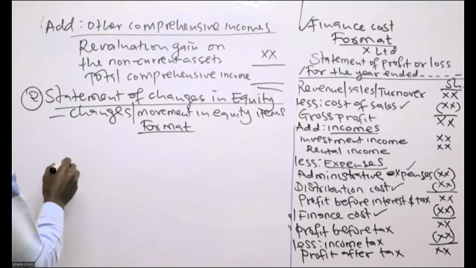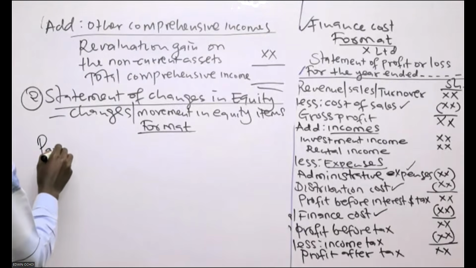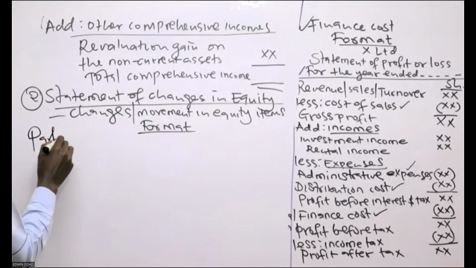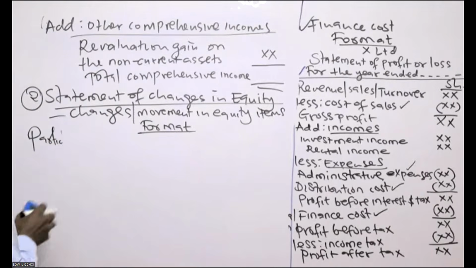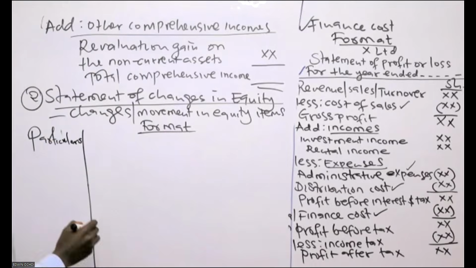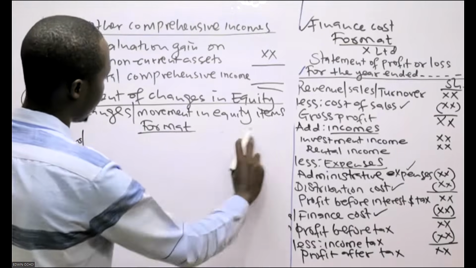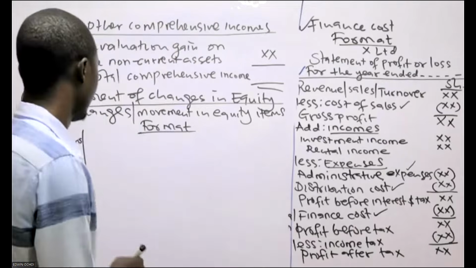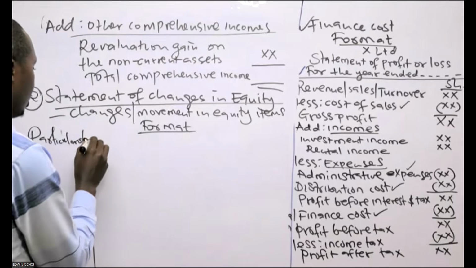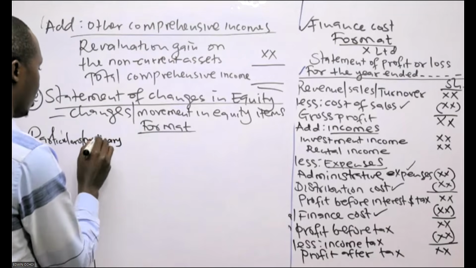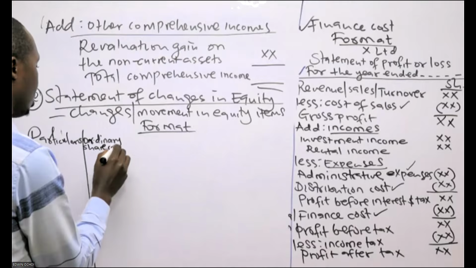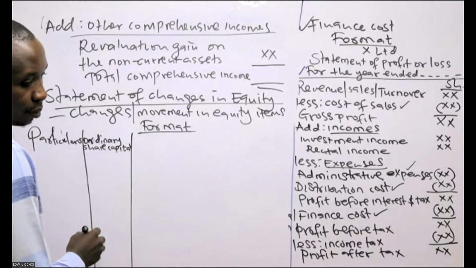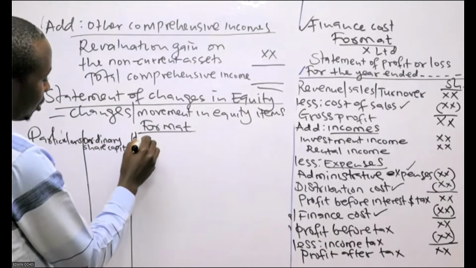Here we have the particulars. Then we go ahead to record the relevant equity components. You know the various equity components. Which one and which one? Ordinary share capital. Another one? Share premium.